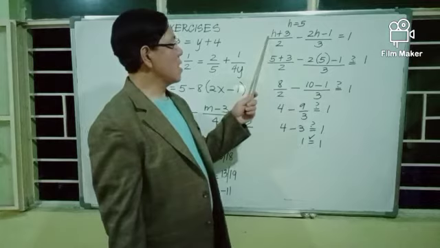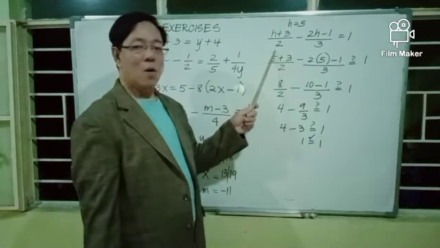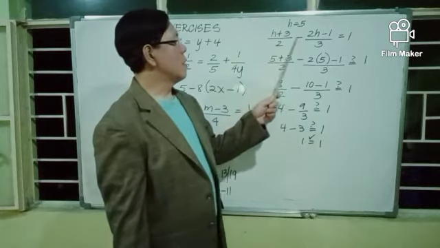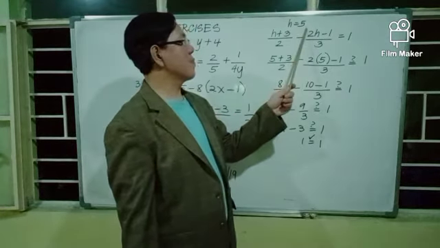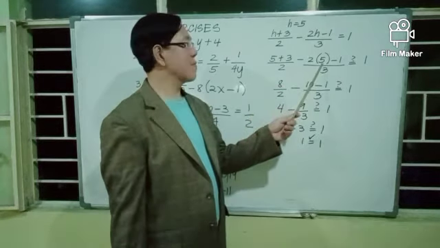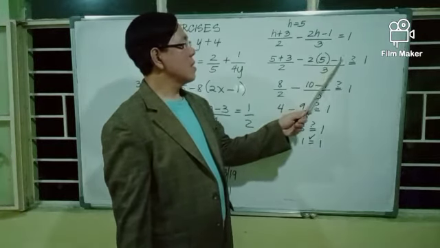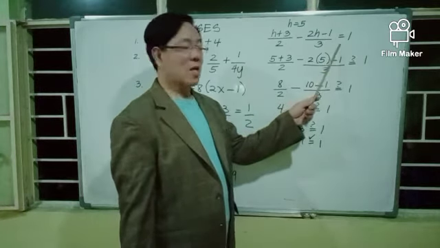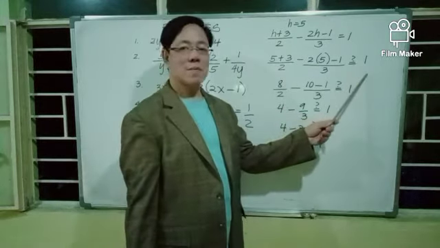We replace h with 5, we get 5 plus 3 over 2 minus 2, replace h with 5, we have minus 2 multiplied by 5 minus 1, which we want to check if this quantity when simplified is equal to 1.